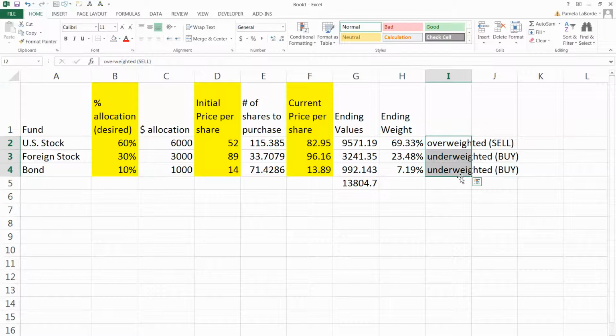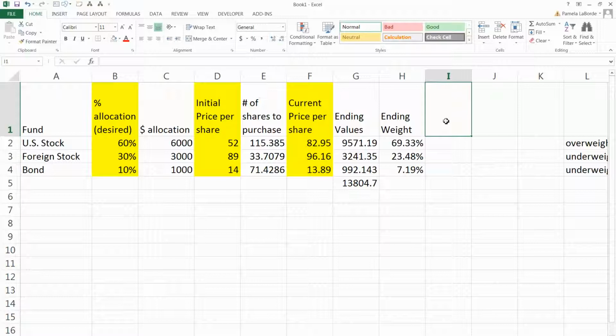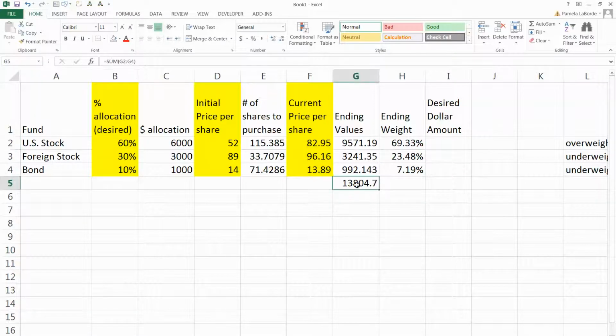I'm just going to scoot these over because I'd rather do the calculations right here. So what I'm going to do is calculate the desired dollar amount in each of these funds. I know my desired weight. I know the total value that my portfolio is worth now.